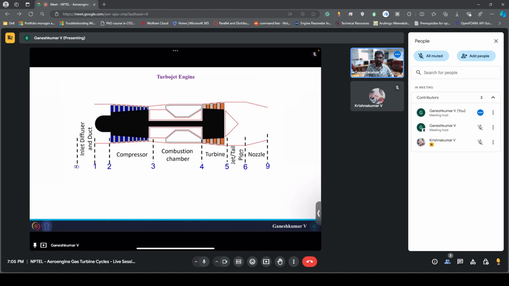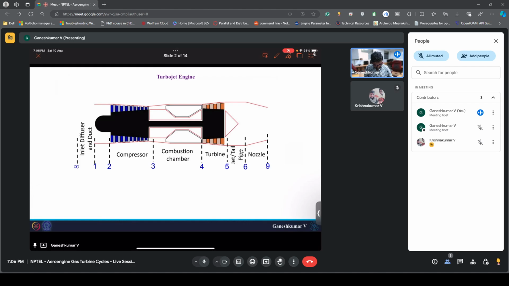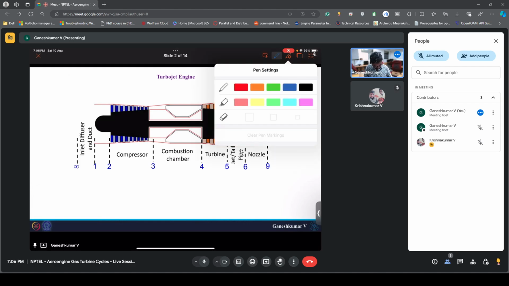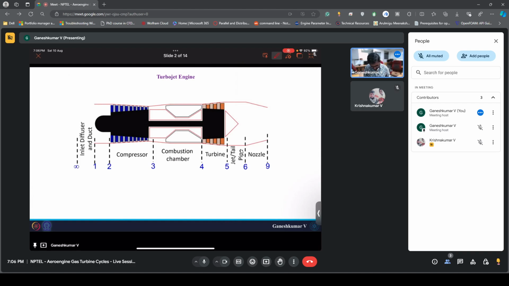Okay. So this is a typical turbojet engine, a single spool turbojet engine. And our question today is also going to be a single spool turbojet engine. So we all know there's going to be an inlet or diffuser duct, which sucks the air in, and then it gets compressed in the compressor, and then it goes through the combustion chamber where it gets mixed with the fuel and then starts burning, and then it produces very hot gases.